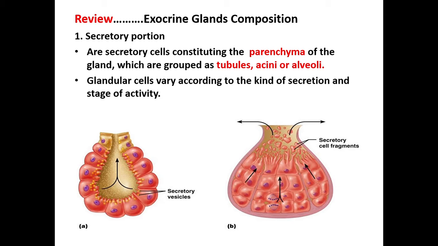So in the illustration, we have a sac-like formation of the secretory portion, and we have the secretory cells, and these cells are responsible for synthesizing substances and releasing these substances through a duct system, being an exocrine gland.